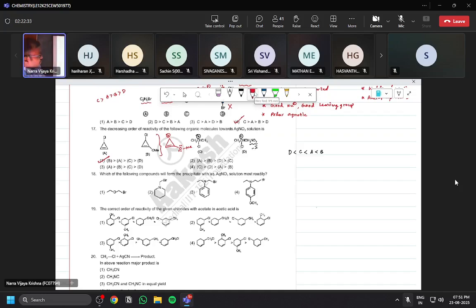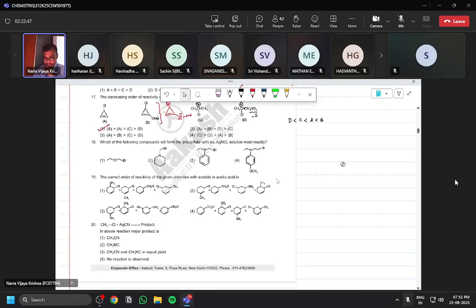Now coming to the next one. Which of the following compounds will form precipitate with AgNO3? You are getting precipitate with AgNO3 means either AgI or AgBr should precipitate, right? So among them, which is the more stable carbocation? Option 1, satisfied octet. Just now we have seen.